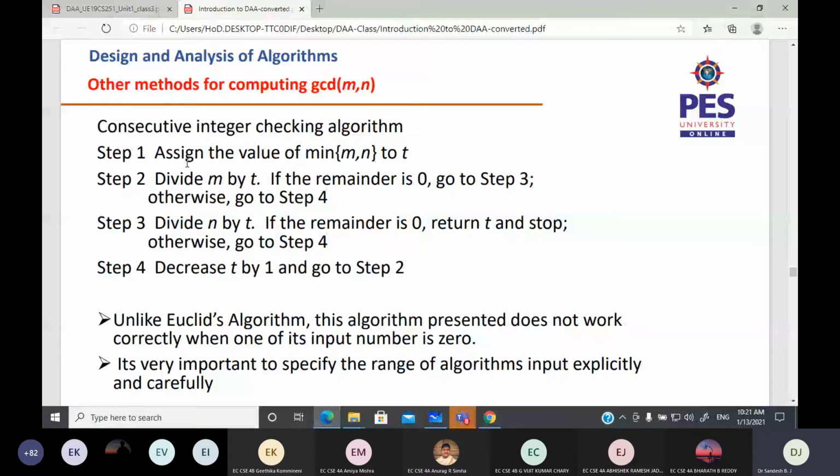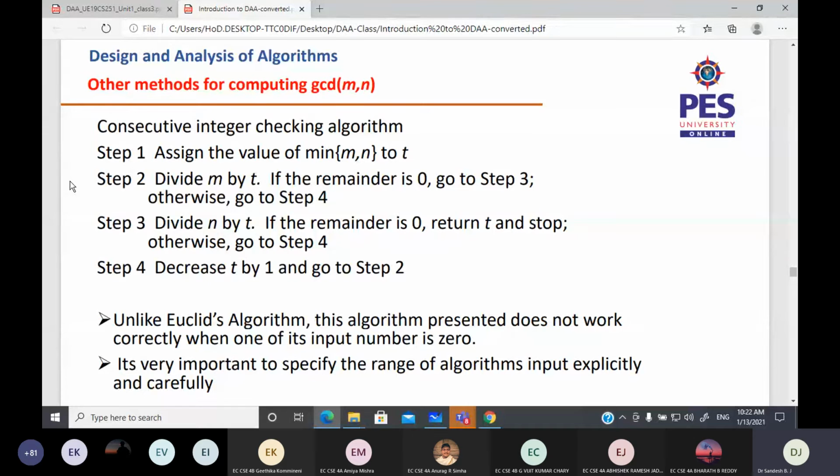In either step 2 or step 3, if the remainder is not 0, then we will go to step 4. In step 4, we decrease T by 1 and loop back to step 2.